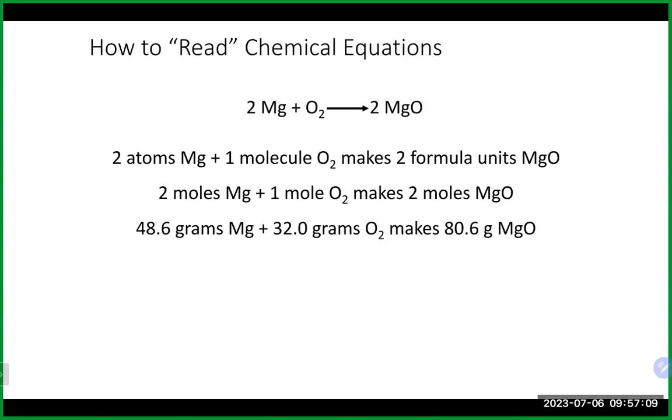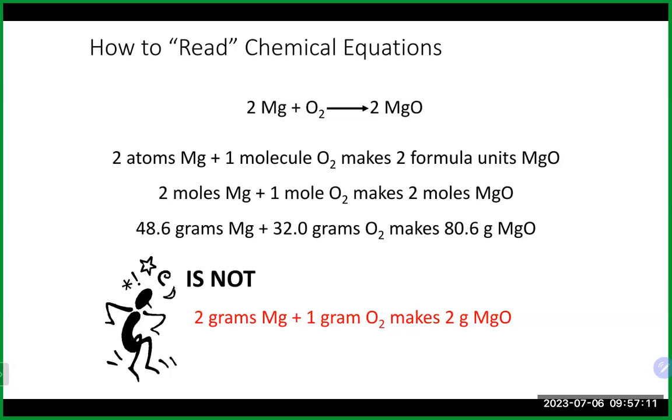So we can look at an equation and we could read it a couple of different ways. We could say 2 atoms, in this case, of magnesium plus 1 molecule of oxygen forms 2 formula units of magnesium oxide. Now, formula units are sometimes used for ionic compounds because they're technically not molecules.